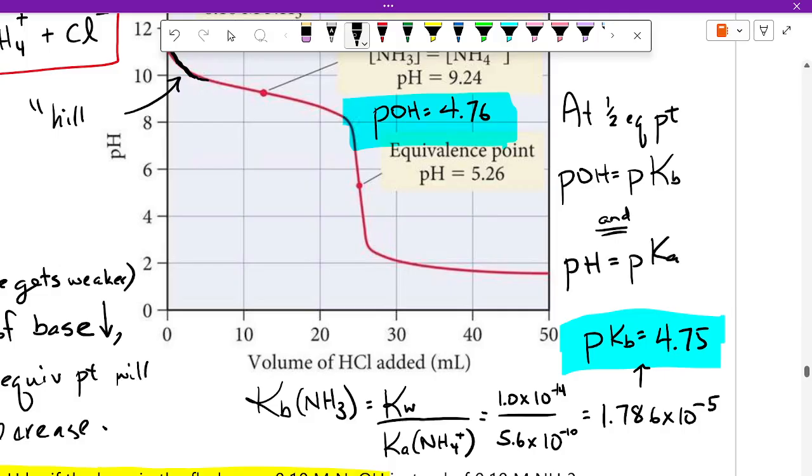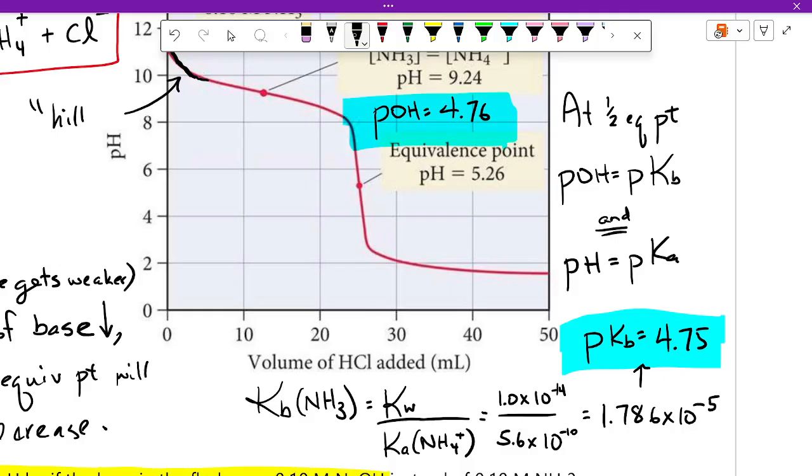So both of those are true at the half equivalence point, no matter whether you are looking at the base being neutralized or the weak acid being neutralized. Okay, both of those are true.